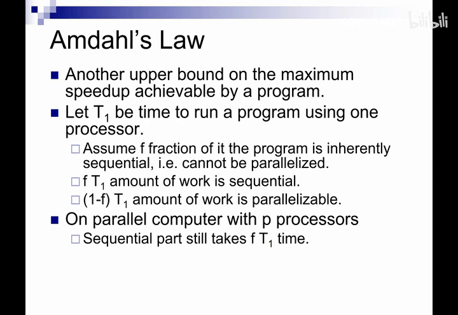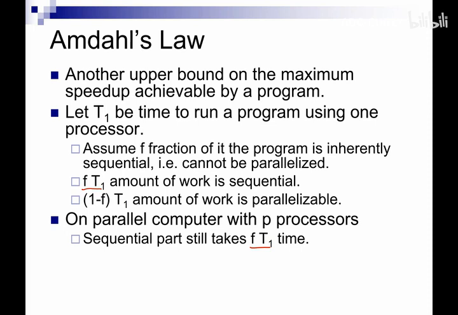Now let's look at the running time. T1 is the running time using one processor. Now assume you have P processors. What is the running time? When you have P processors, the sequential part doesn't care how many processors you have. You have to do that sequentially. So the running time for the sequential part is going to be the same in both the sequential version and the parallel version.